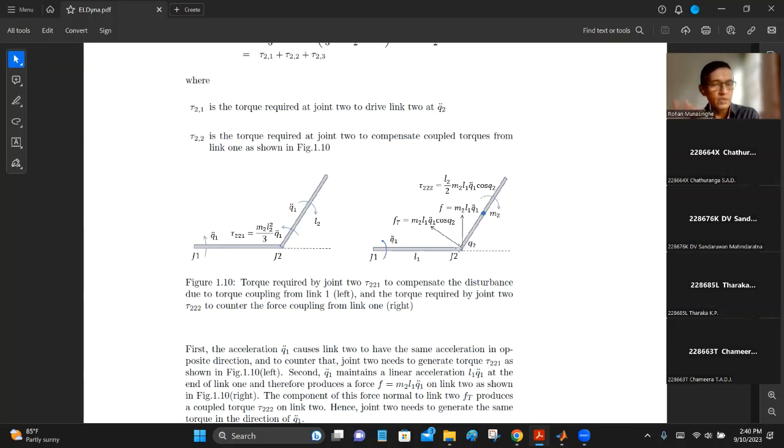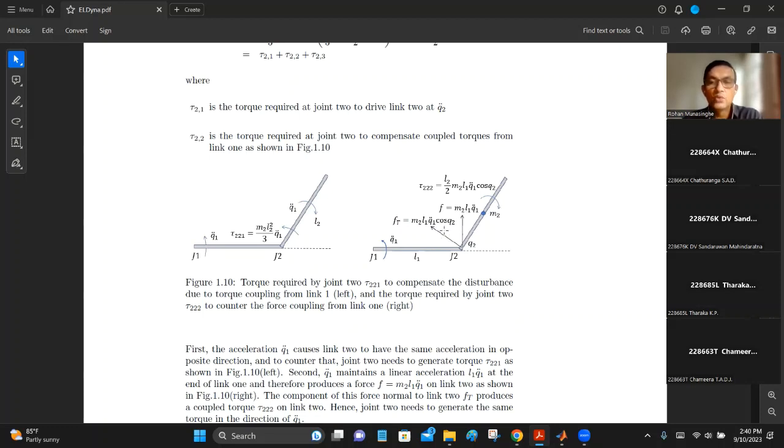The along-the-link force we do not discuss here, because it's not something the motor has to be concerned about. The normal force is different. The normal force here, Ft, is equal to the force, M2 L1 Q1 double dot, times cos Q2, the cosine of that force.